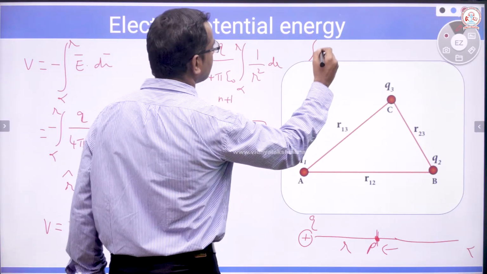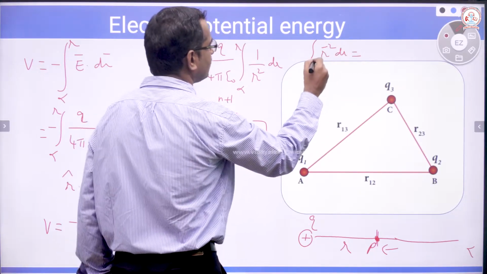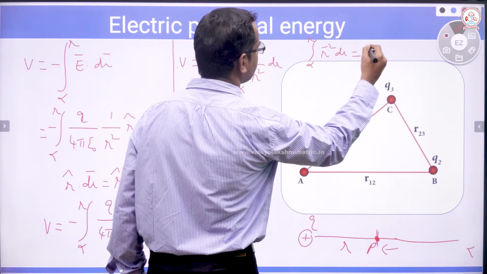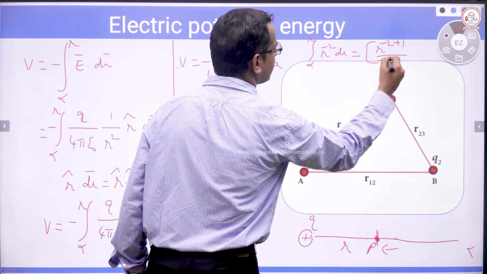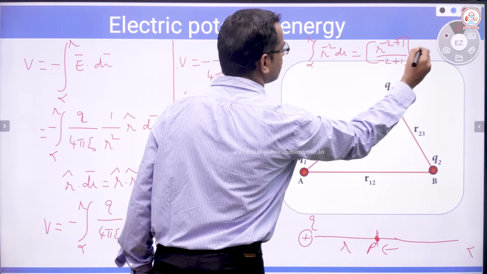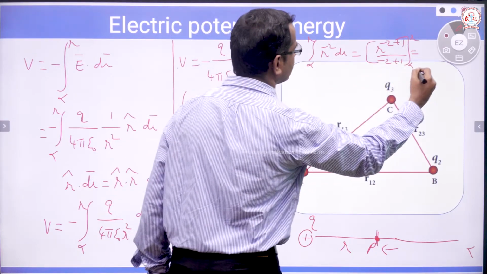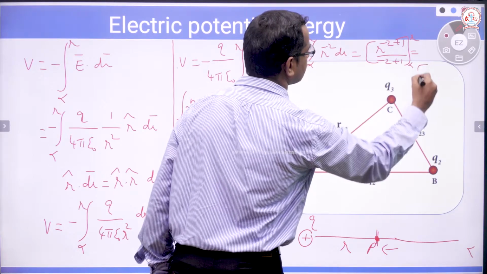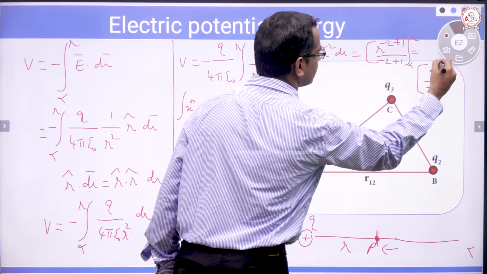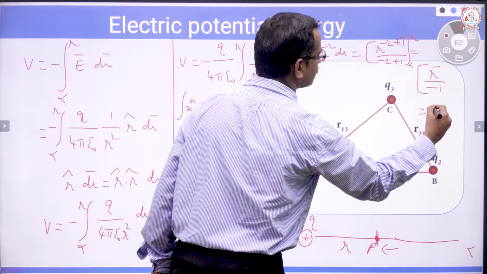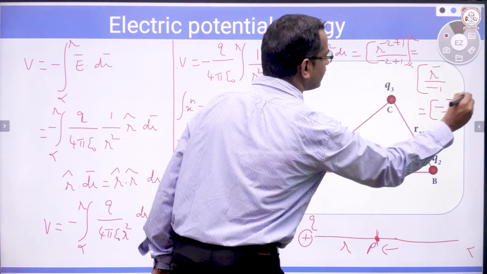The integral of r power minus 2 dr, with limits infinity to r, gives r power minus 2 plus 1 divided by minus 2 plus 1, which is r power minus 1 divided by minus 1, that is equal to minus 1 by r, from infinity to r.